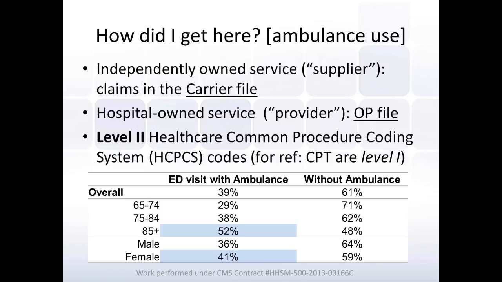We've used these codes at the Level 2 to get some ambulance use numbers. Out of all visits, we identified 39% with some ambulance claim. Based on the file types above, we found most in the carrier, not the hospital outpatient file. The oldest beneficiaries and females accounted for the highest numbers of visits. There's lots of other information in the ambulance claims, so it's an area ripe for study.